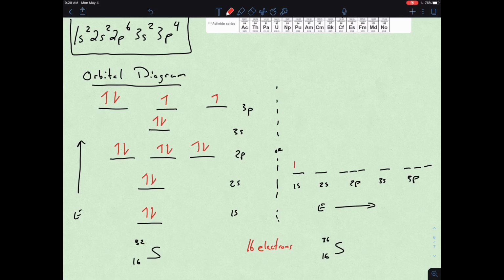Or if we did it on the other side, we would see something very similar. Sorry, it's a little bit more crowded over here. And so we end up with something that looks like this.